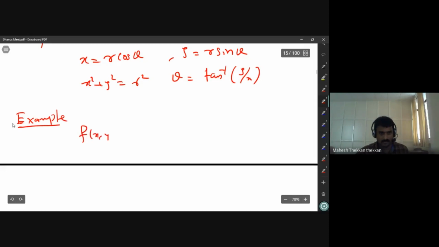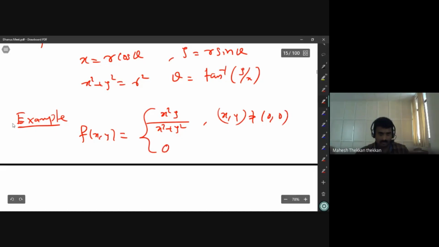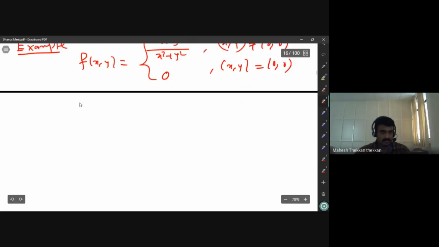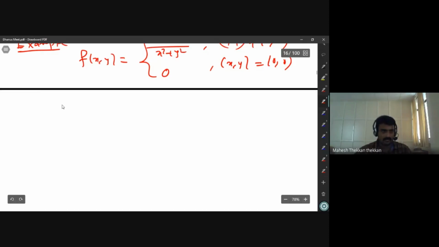Consider the example f of x comma y is equal to x square y by x square plus y square for x comma y not equal to 0 comma 0, and 0 for x comma y equal to 0 comma 0. I want to look at the limit as x comma y tends to 0 comma 0 of f of x comma y.